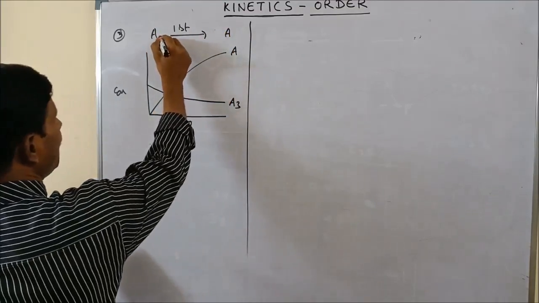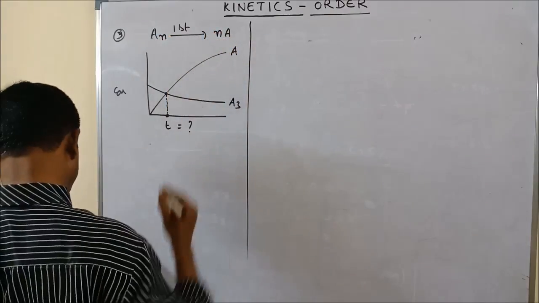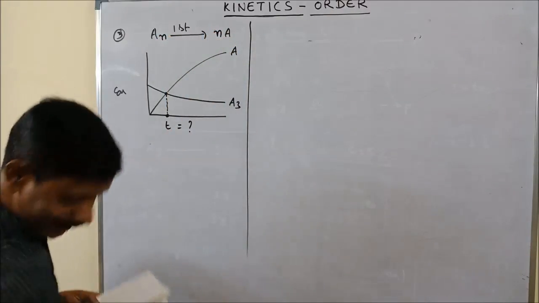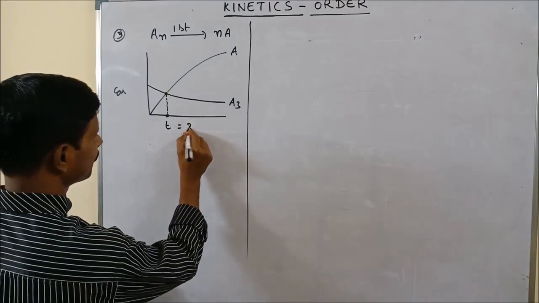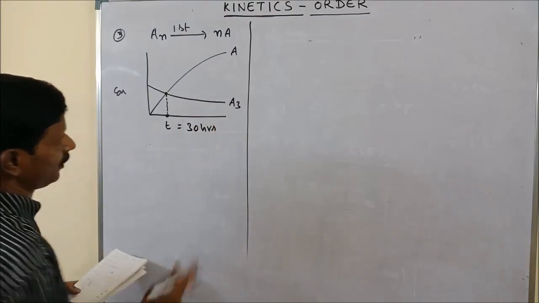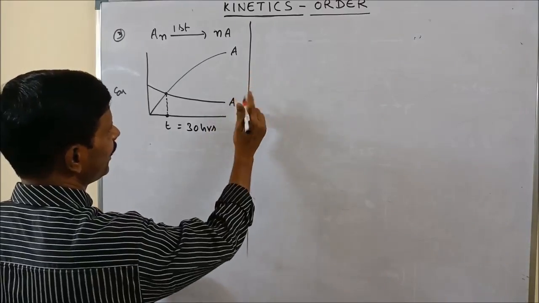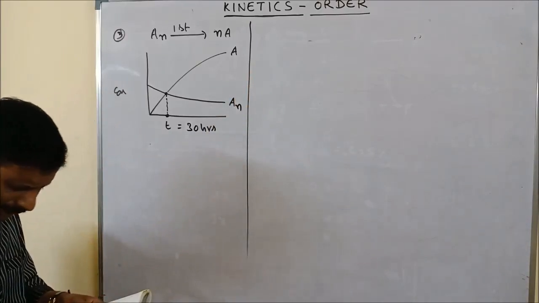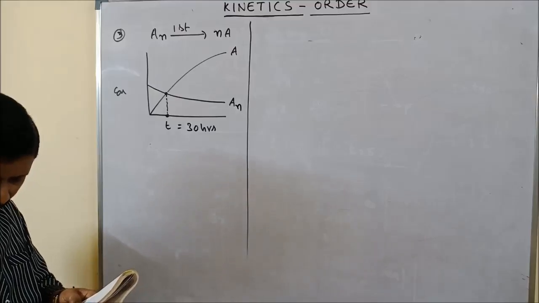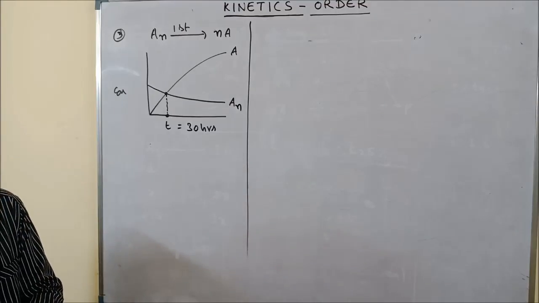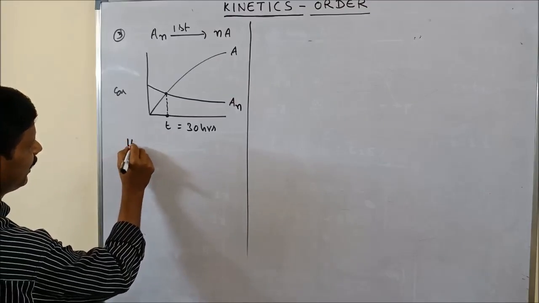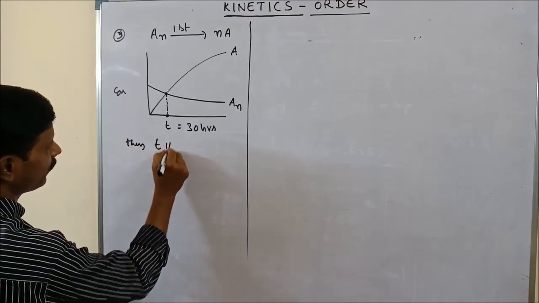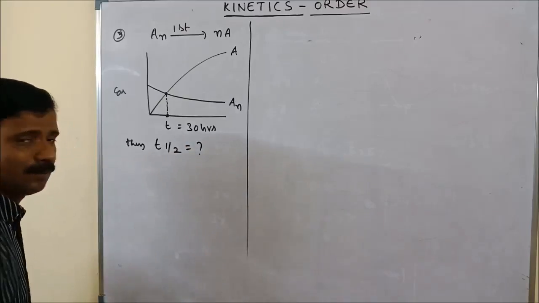So now A4 is converting into 4A, and this time is 30 hours. In this graph, this is A4. And based on this, here we have to find out the half-life of the substance. So now, according to this, what is the half-life? That we have to find out.